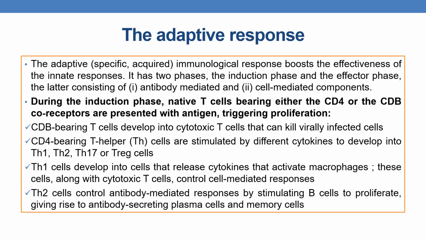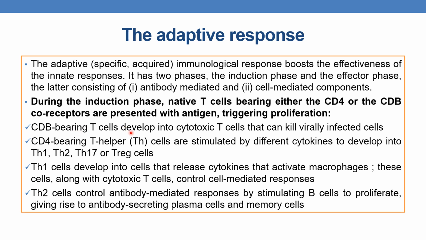Now coming to the adaptive response. The adaptive immunological response boosts the effectiveness of the innate response. It has two phases, the induction phase and the effector phase. The effector phase consists of antibody mediated and cell mediated components. During the induction phase, naive T cells bearing the CD4 and CD8 co-receptors are presented with antigen, triggering proliferation.